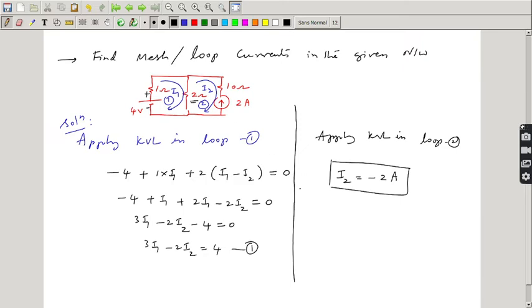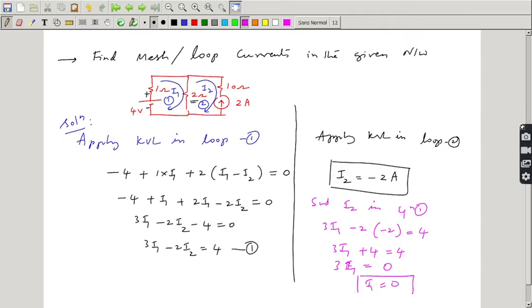So I2 is directly minus 2. Now substitute I2 in equation 1: 3I1 minus 2 into minus 2 equals 4, so 3I1 plus 4 equals 4, 3I1 equals 0, so I1 equals 0. I2 anyhow I am getting as minus 2 amps.